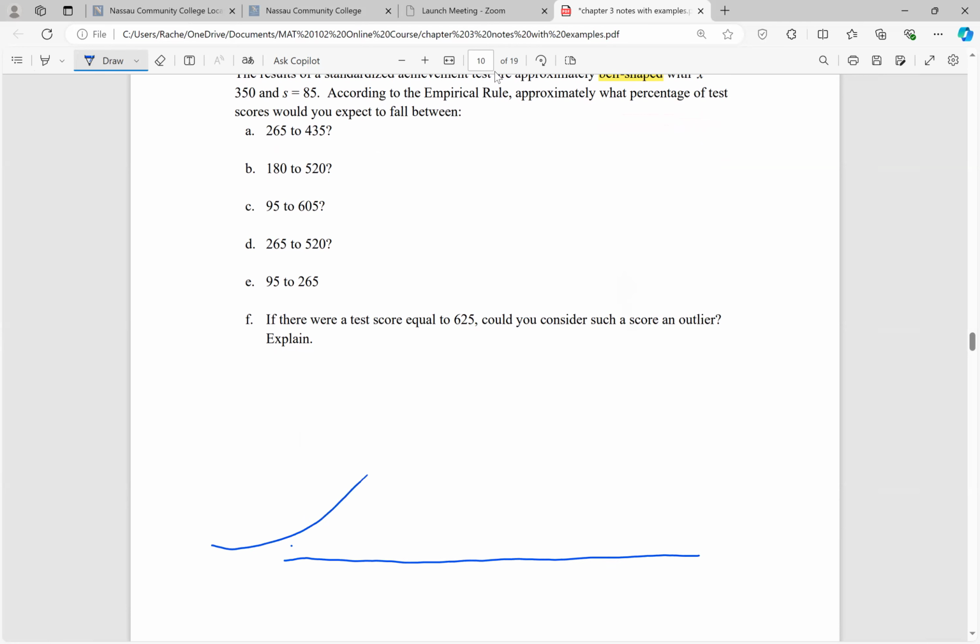So I'm going to sketch my bell-shaped curve, and X bar is going to go in the middle, and X bar is equal to 350. And one standard deviation is equal to 85, right? S is equal to 85. So let's break down how these scores are distributed.